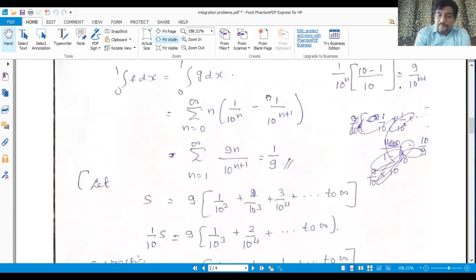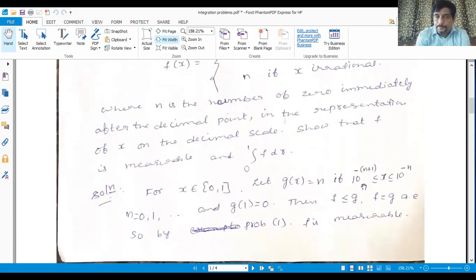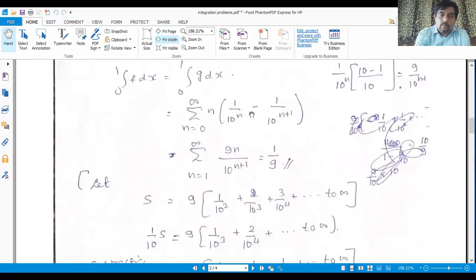Here the function is equal to n, but in that range. You know that we can write this directly also if you are aware of that. Take the LCM of this, 10 power n is common, then the remaining is 1 minus 1 by 10, that is 10 minus 1 is 9, so 9 by 10 power n plus 1.